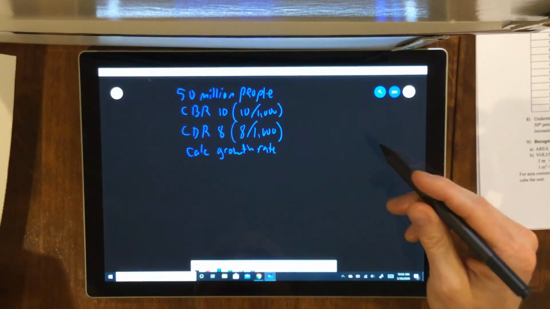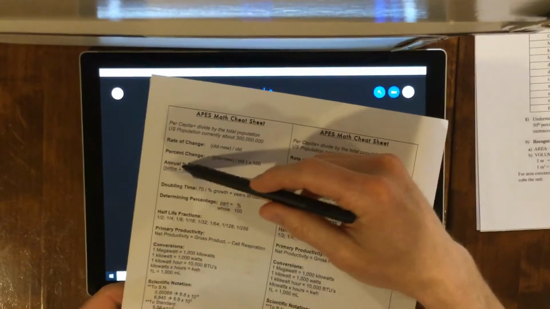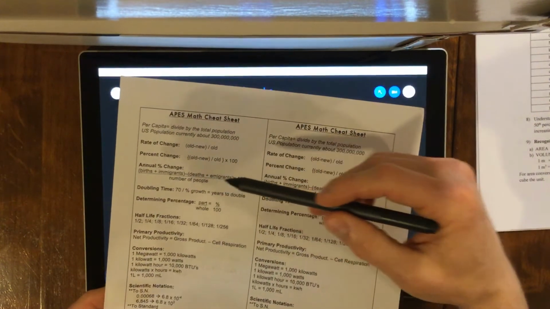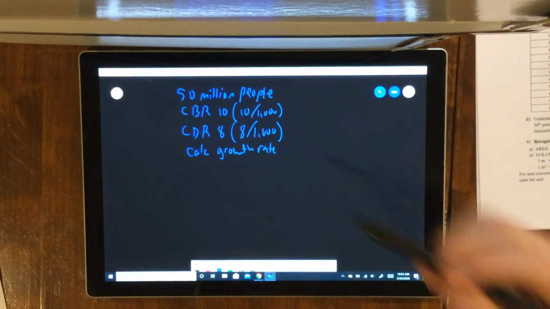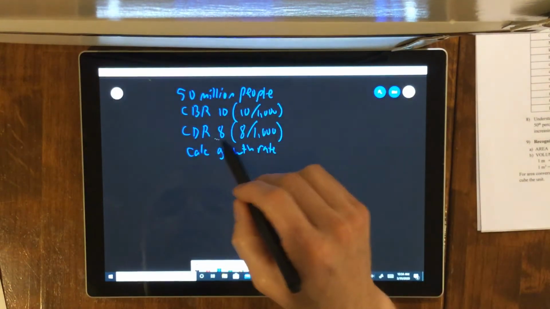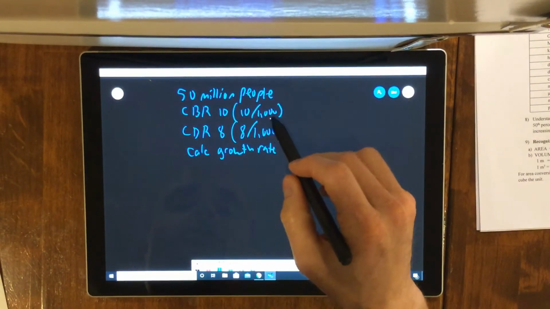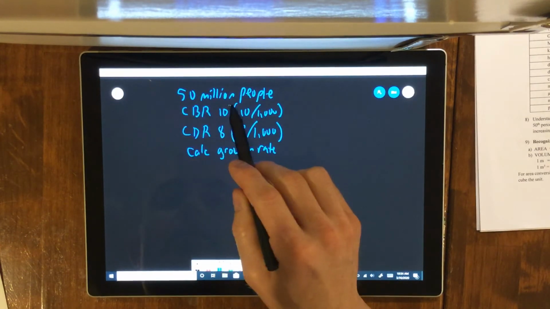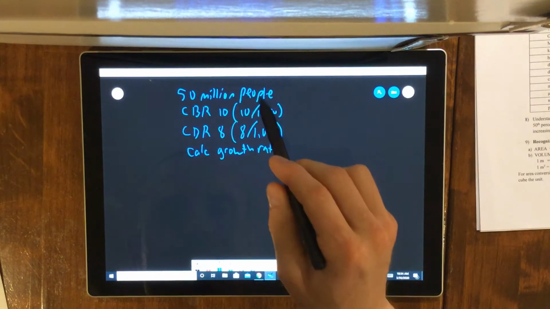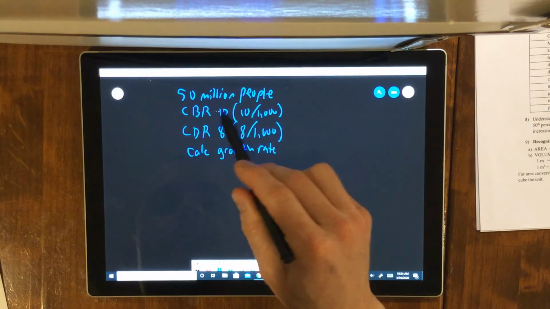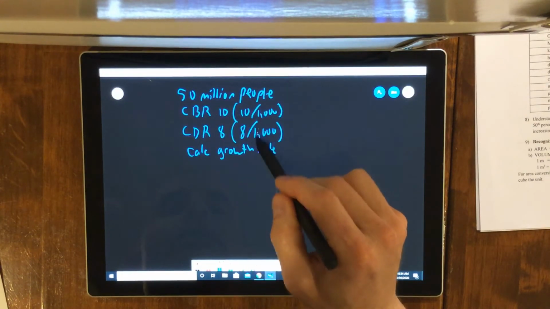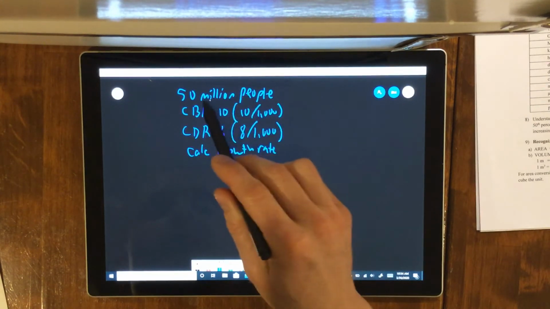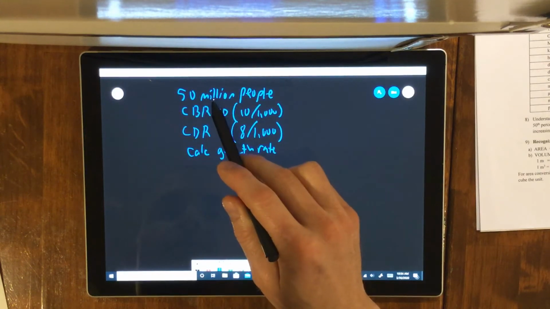All right. So all we're doing really is your births minus deaths divided by total people times 100. Now here's the thing though. Crude birth rate and crude death rate are specific to out of 1,000. So even though they're telling us there's 50 million people in this country, because they're giving us CBR and CDR, it's out of 1,000 people. You can't use the 50 million in any calculation.